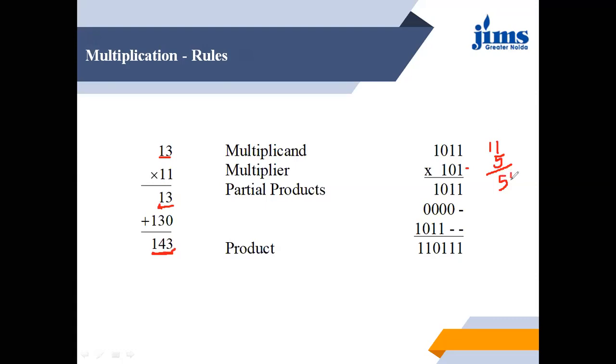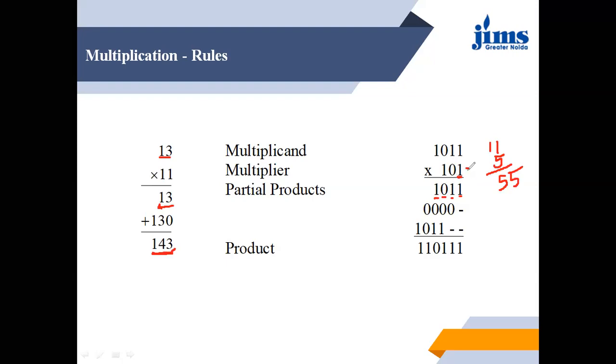According to the rule we studied, first we multiply this 1 with all these bits. 1 multiplied by 1 is 1, 1 multiplied by 1 is 1, 1 multiplied by 0 is 0, and 1 multiplied by 1 is 1.